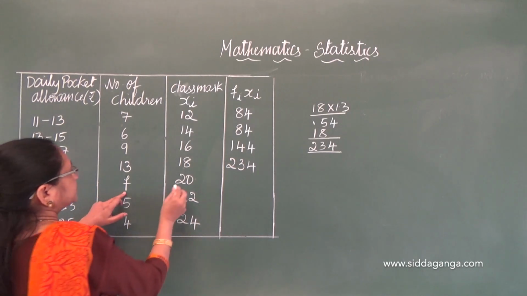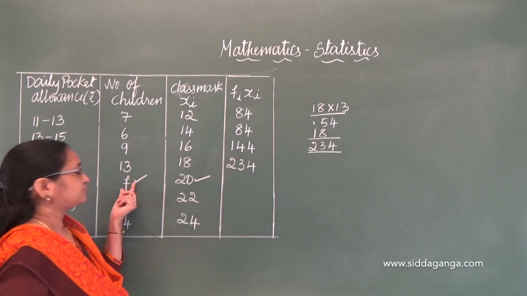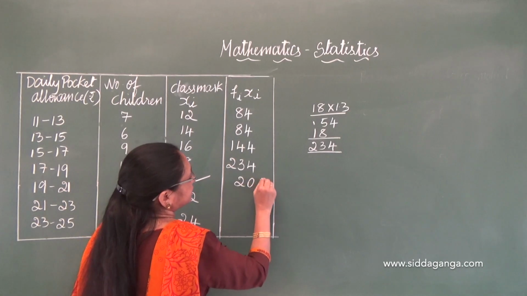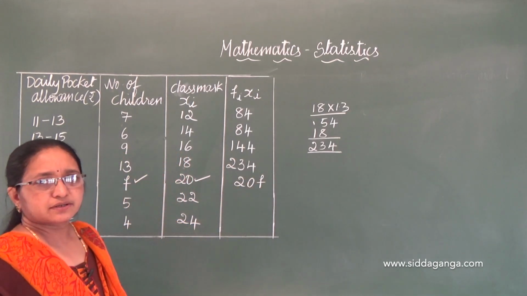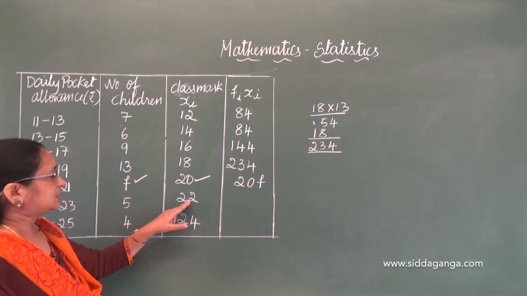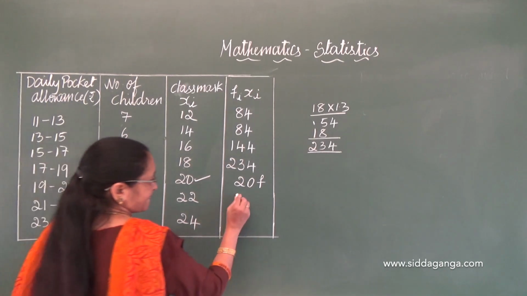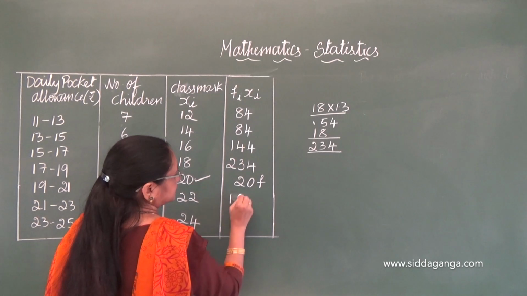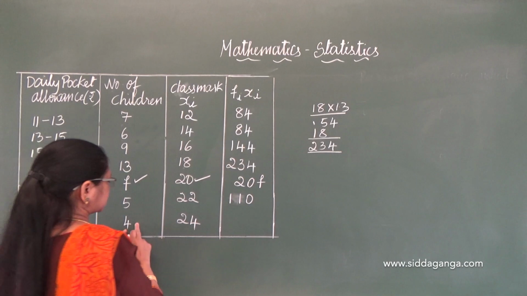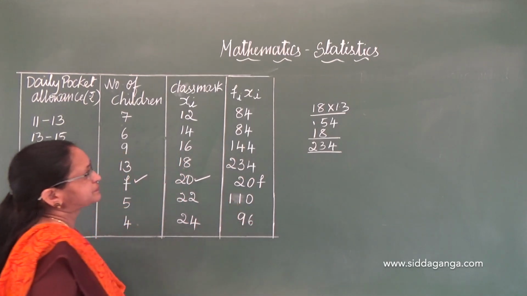Next, you should be very careful here: 20 into F, so 20F. Next 22 into 5 is 110. Next 24 into 4 is 96.